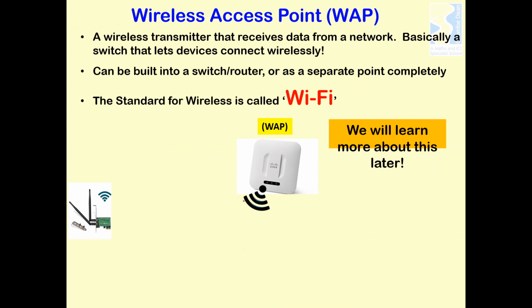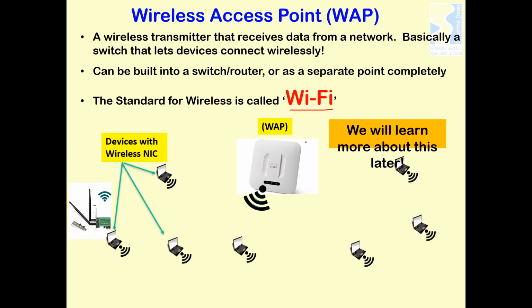And the final piece of hardware we're looking at today is a WAP, or wireless access point. Wireless access simply means transmitting data without wires, wirelessly. It uses a protocol, a standard called Wi-Fi, which we look at and revise later.